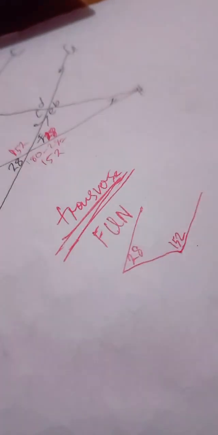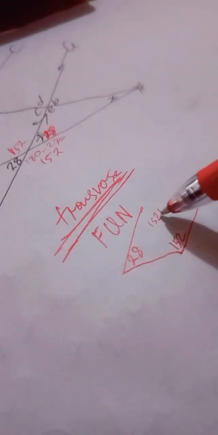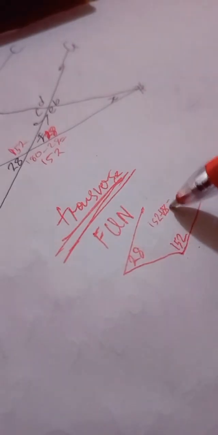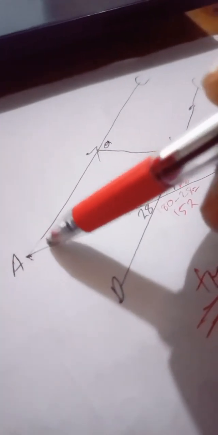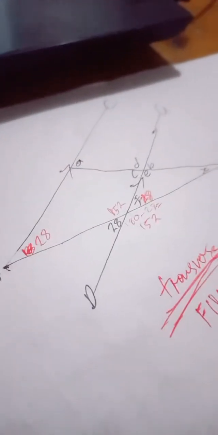Which means this other angle is going to be 28, because 152 plus 28 must give us 180 degrees. So we are coming here and get 28 degrees on that angle.